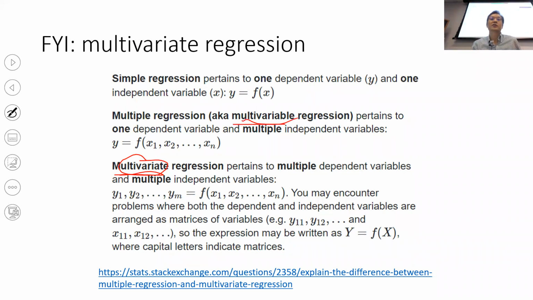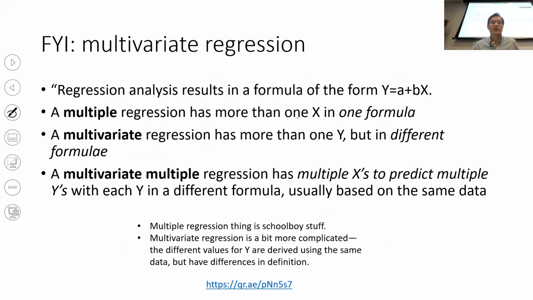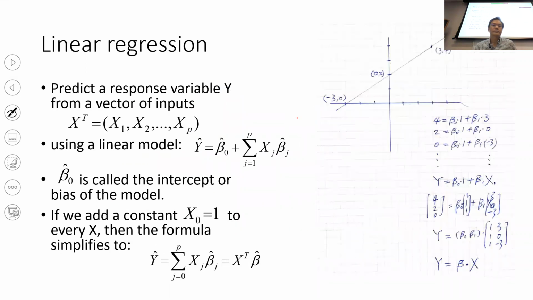Otherwise, using multivariable will always be safe. Okay. So this is just for your information, not directly related to our topic today, because we are not doing multivariate regression or multivariate analysis.